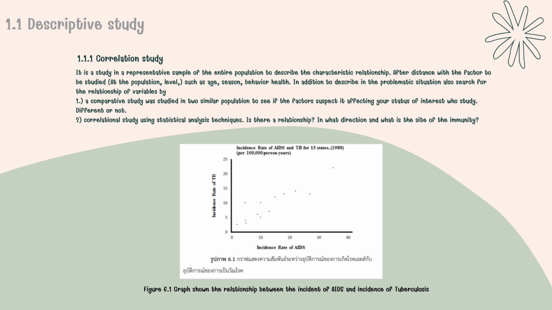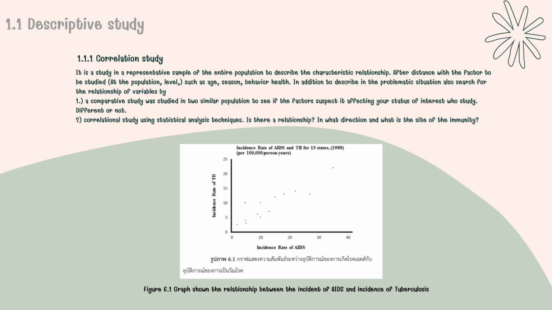In addition to describing the problem situation, it also searches for relationships of variables by 1. A comparative study, which studies similar populations to see if the suspected factor is affecting the status of interest, whether the studied groups differ or not.